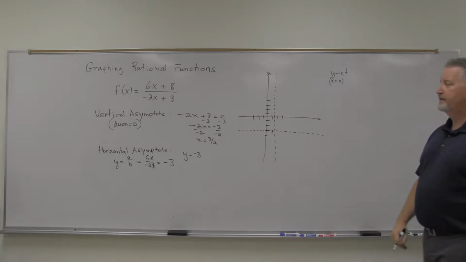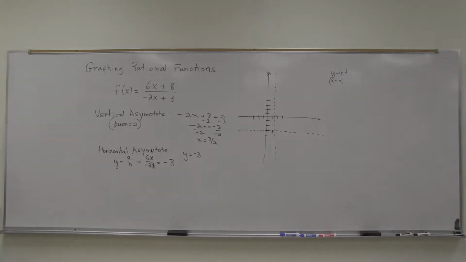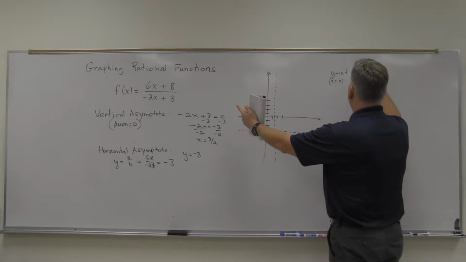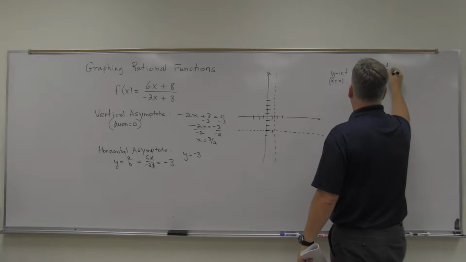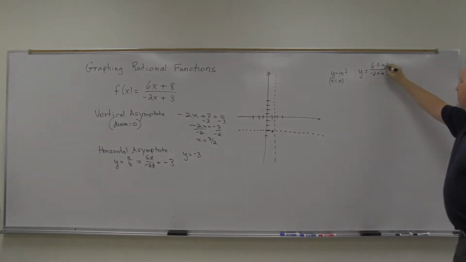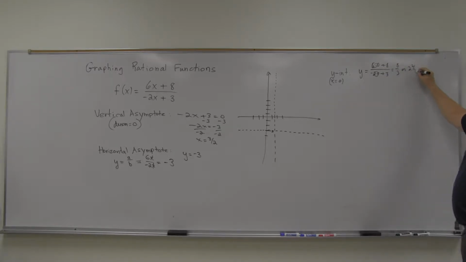So it'd be y equals 6 times 0 plus 8 over negative 2 times 0 plus 3. So that's 0 and that's 0, so it'd be 8/3. Or 2 2/3, they're equivalent.